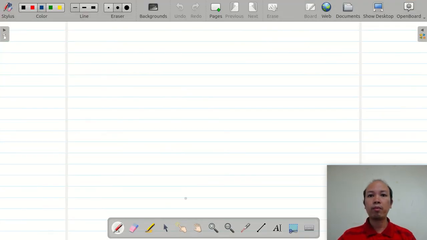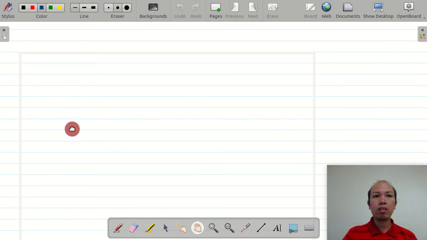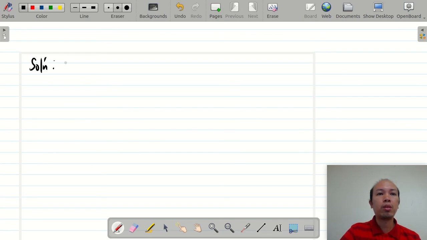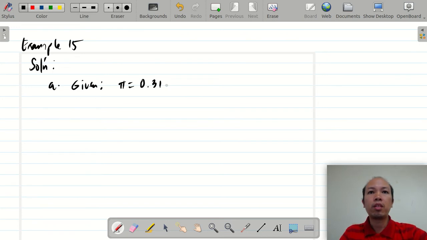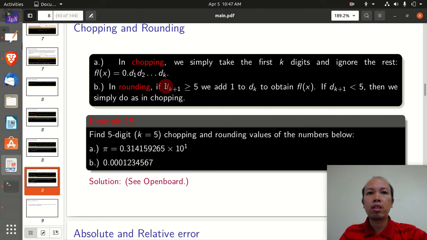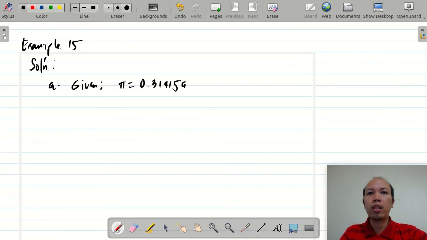Solution, for letter A, our given is pi, which is equal to 0.314159265 times 10 to the 1.